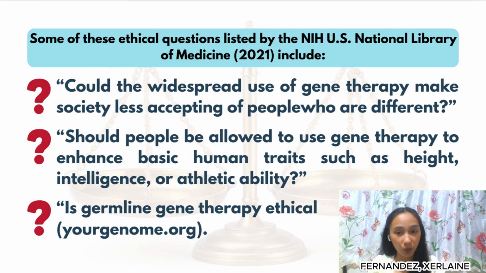Could the widespread use of gene therapy make society less accepting of people who are different? And lastly, should gene therapy be used to enhance human traits like intelligence, height, or athletic ability? These questions show that while gene therapy is scientifically powerful, it also requires careful and moral consideration.